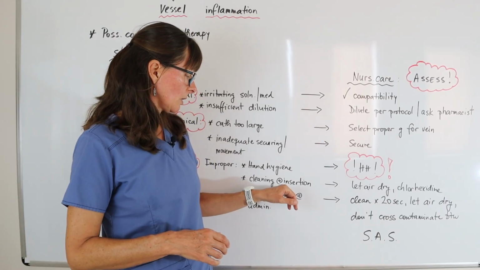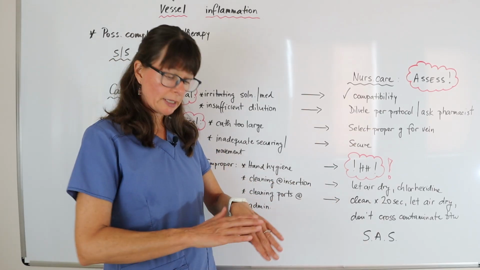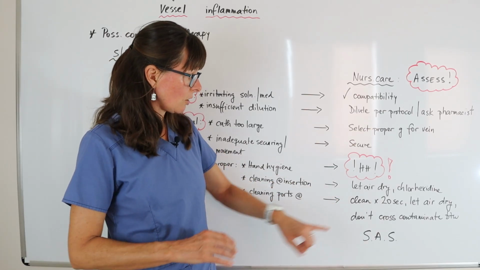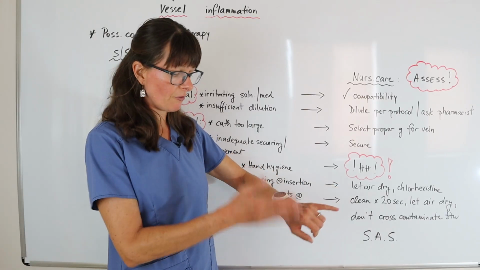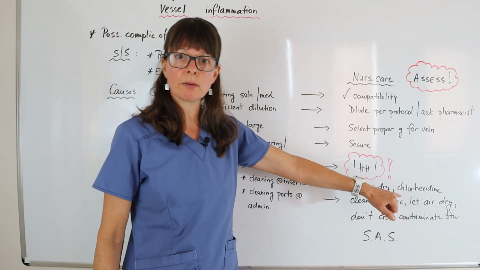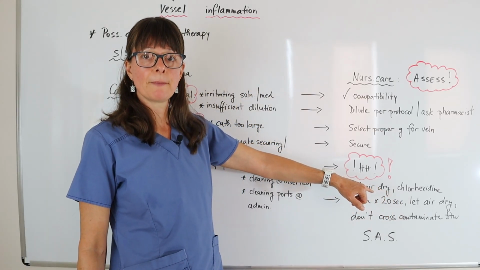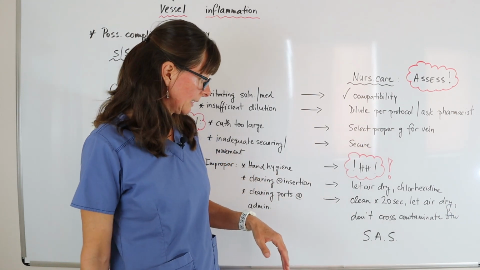Now, if we insert the IV, we want to make sure we clean the site properly. Also, let that air dry, never blow on it, never fan on it, and use chlorhexidine, which is a very popular and effective anti-infective agent for skin cleaning.